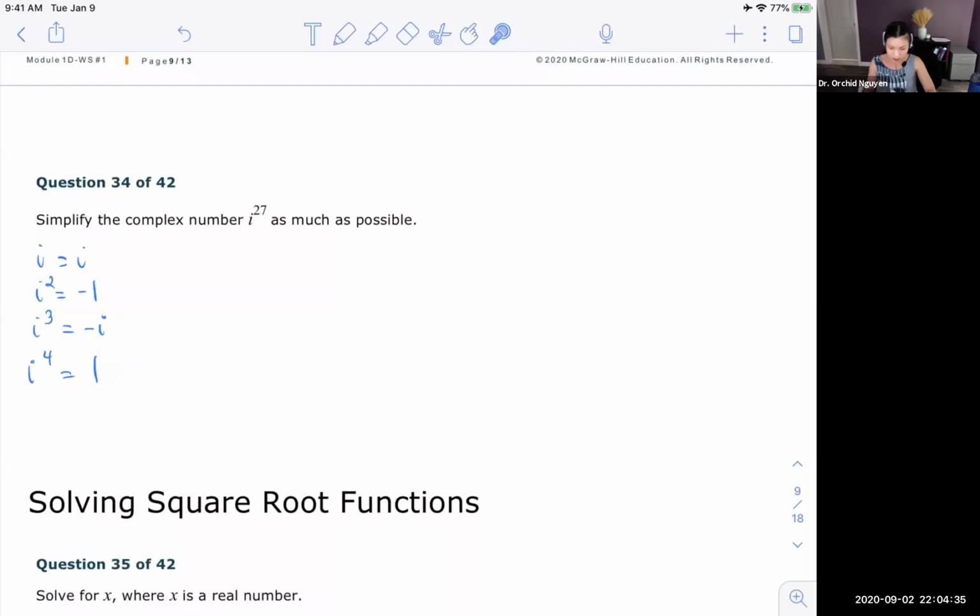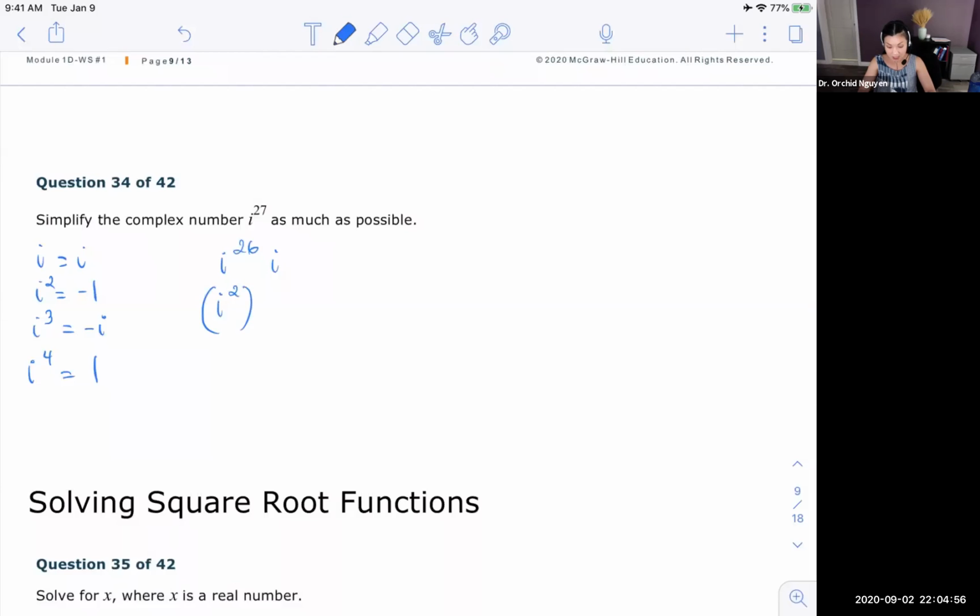So how do we do it? I always break the even number out. So instead of writing i to the 27th, I'm going to put i to the 26th times i. Okay, so 26 is an even number. Therefore, I know it's divisible by 2.